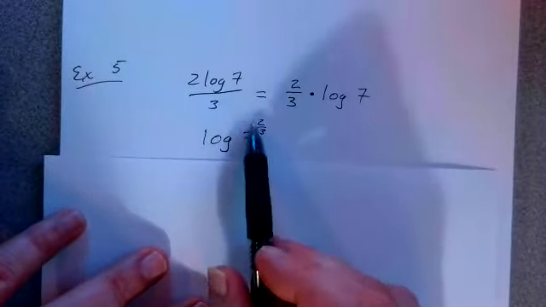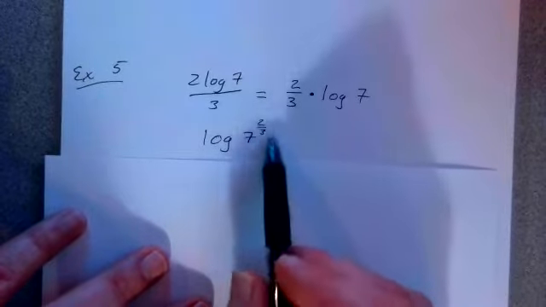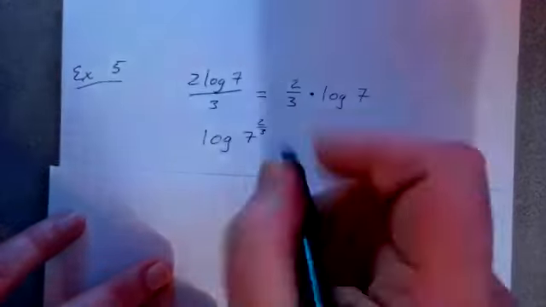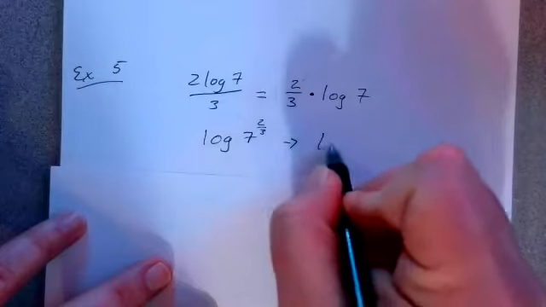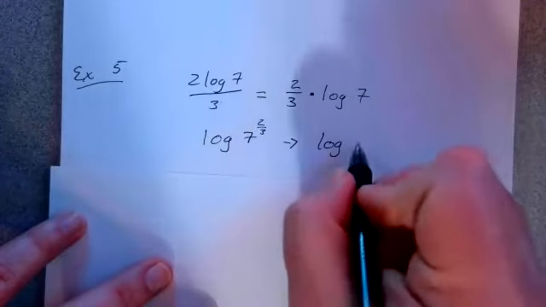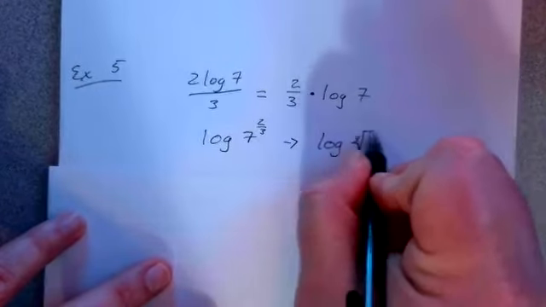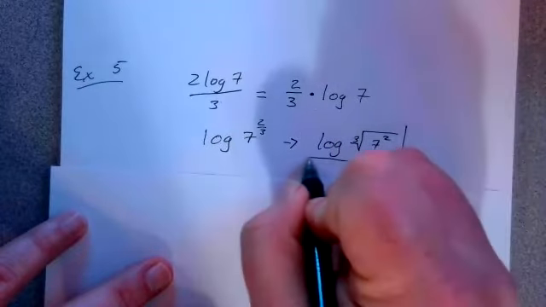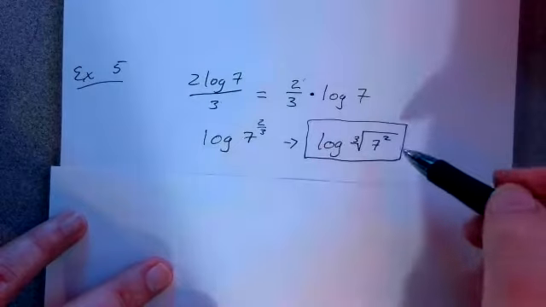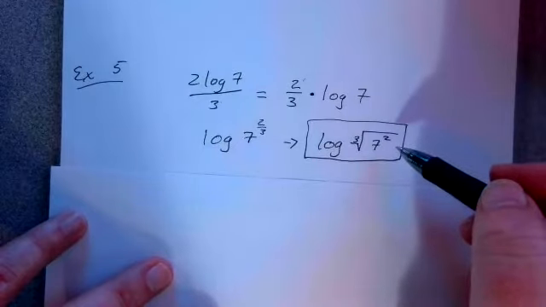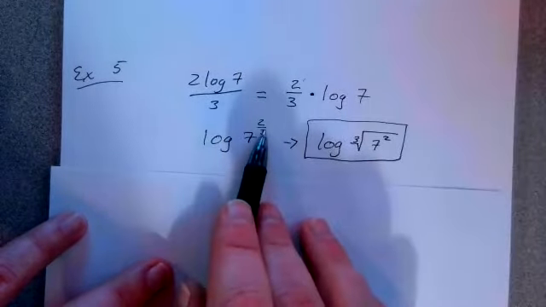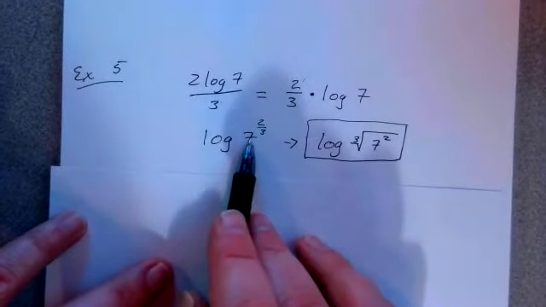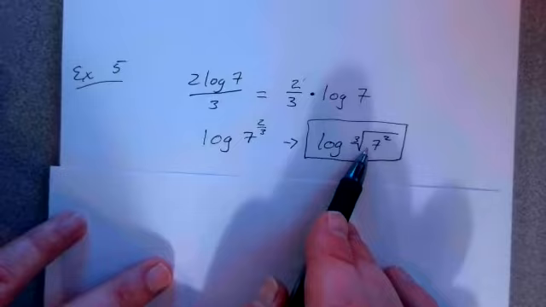Now, if you look at your laws of exponents, the 2/3 power, what that really says is the log of the cube root of 7 squared. And that would be my final answer. So fraction exponents, right? A base to an exponent with a fraction, I have to convert that into a radical form.